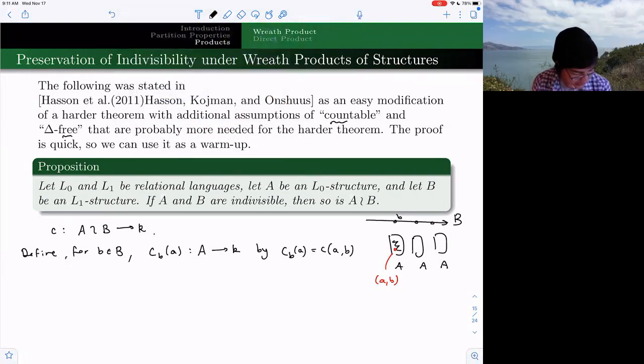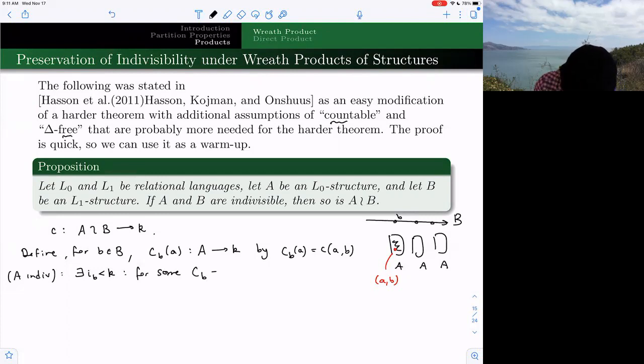Okay, so now we'll start using our assumptions, right? So A is indivisible. So there is a color such that for some copy of A, right? So we get a copy of A and it's just going to be this one color. Under the coloring, you just get that one color.